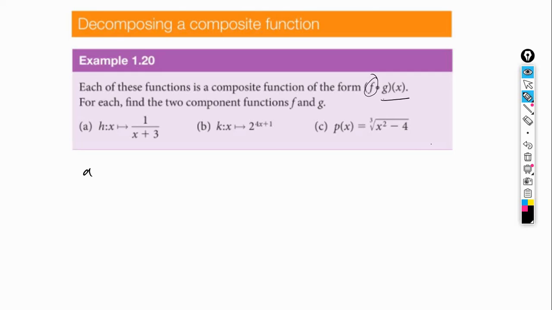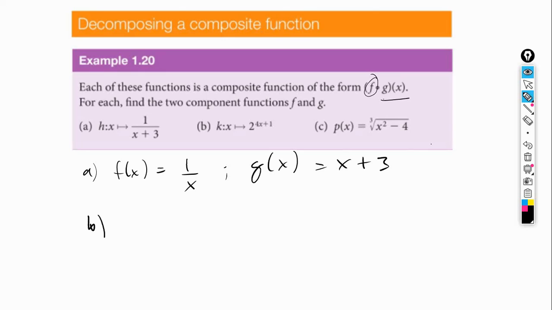So for a, it's easy to see that f of x is the reciprocal. So we can describe it as 1/x, whereas g of x would be the linear function x plus 3.